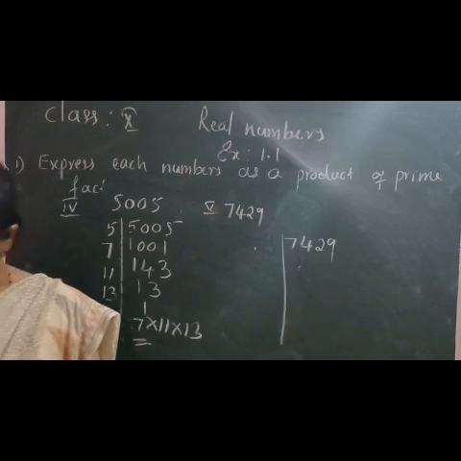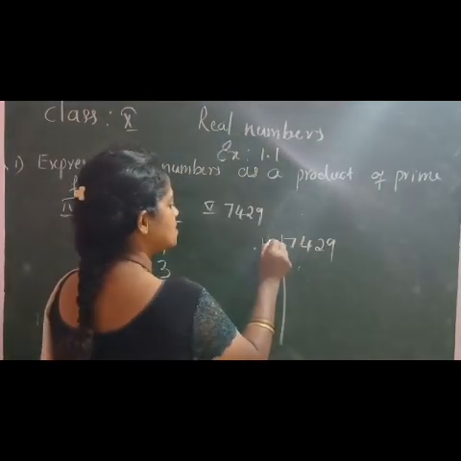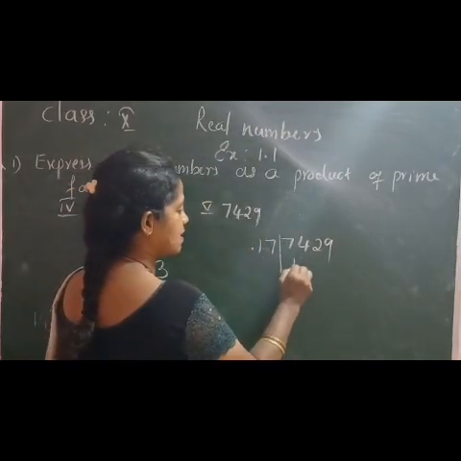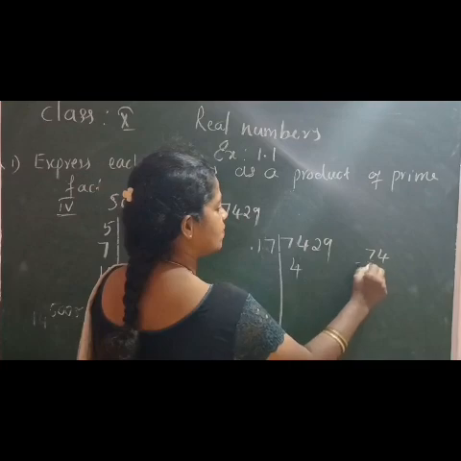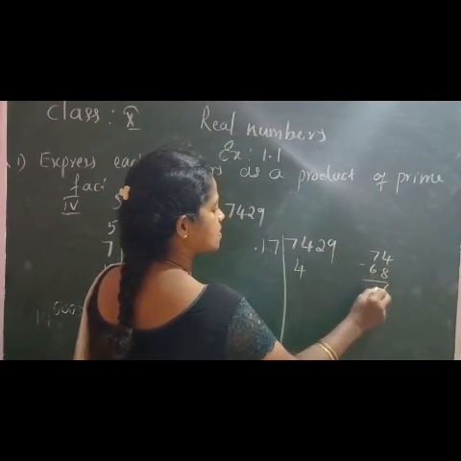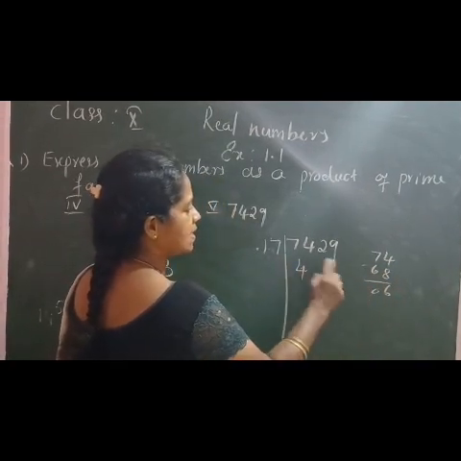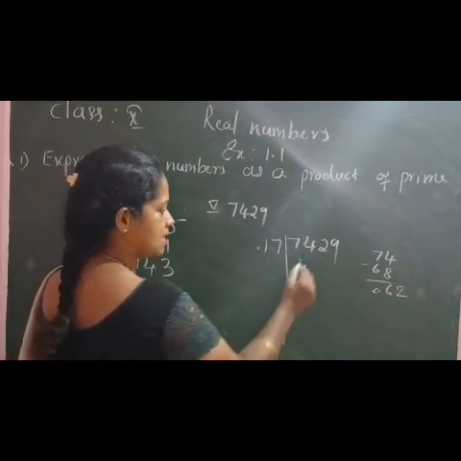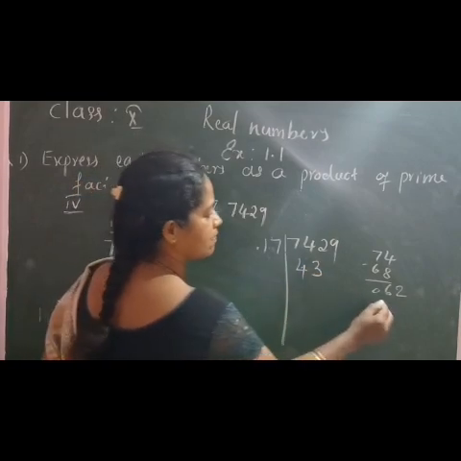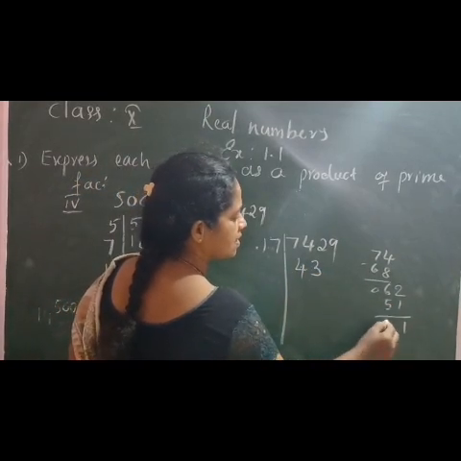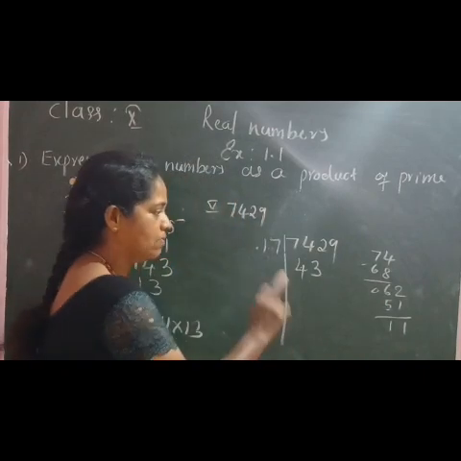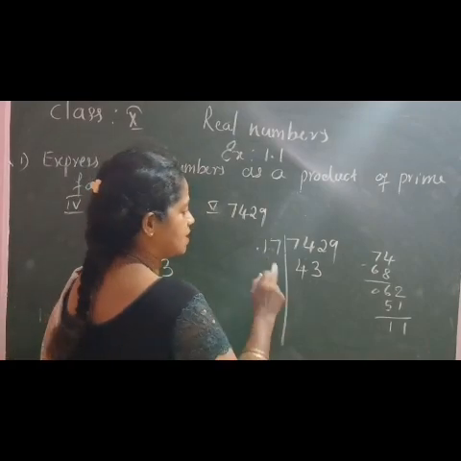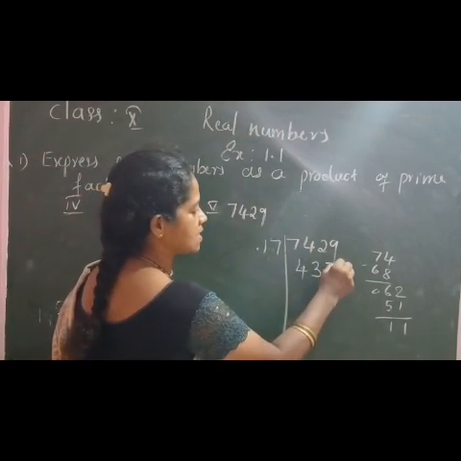So I am taking the number 17. 17 times 4 is 68. 74 minus 68 is 6. Then bring down 2, and 17 times 3 is 51. Then 119 is a multiple of 7. 17 times 7 is 119.